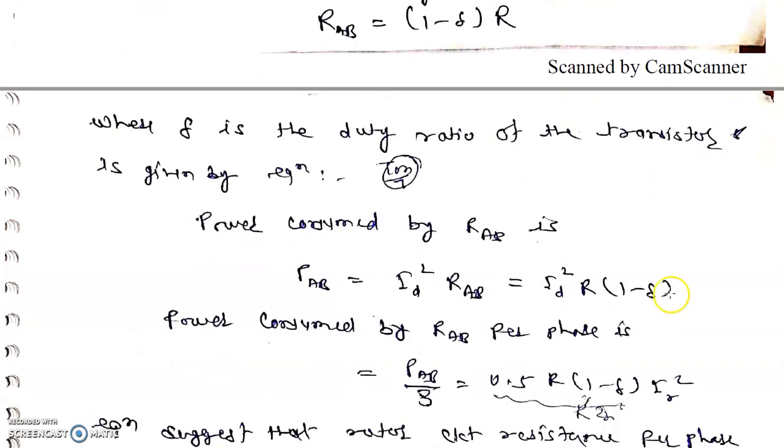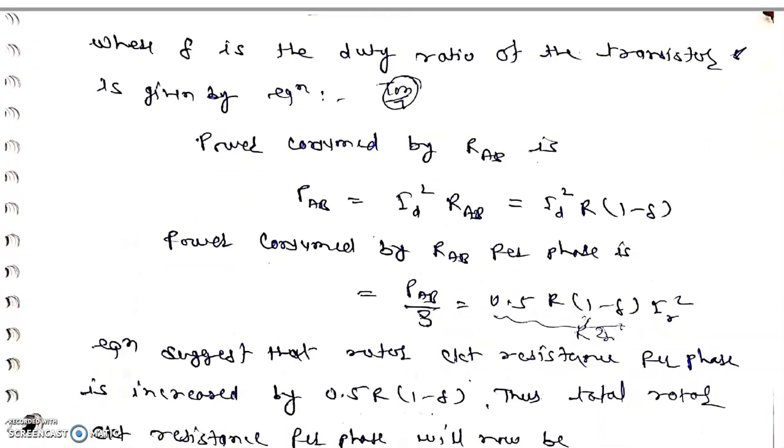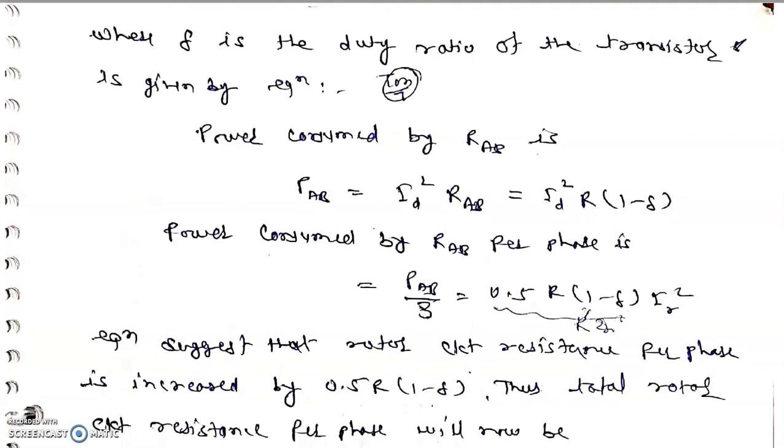Power consumed by RAB. If we calculate the power consumed by RAB, the consumed power is given by RAB into ID square, or ID square into RAB. The value of RAB is R into (1 minus delta). For power consumed per phase, we divide this value by 3, so PAB upon 3.